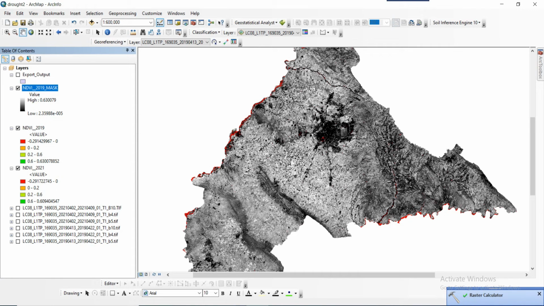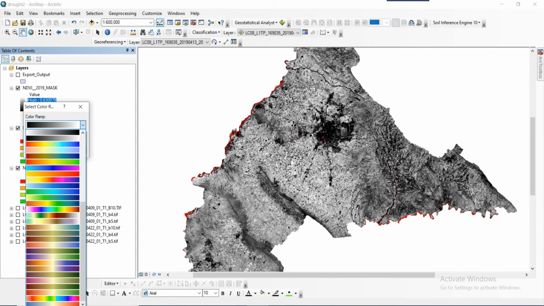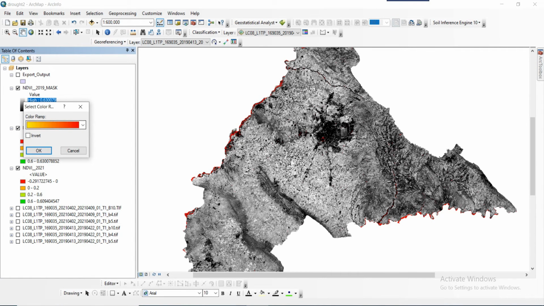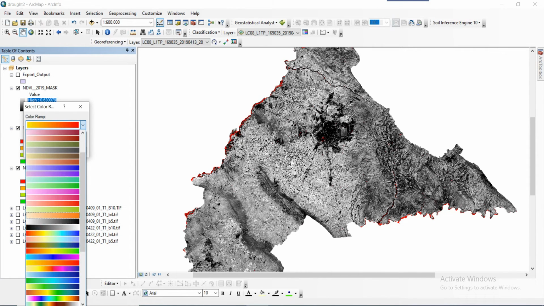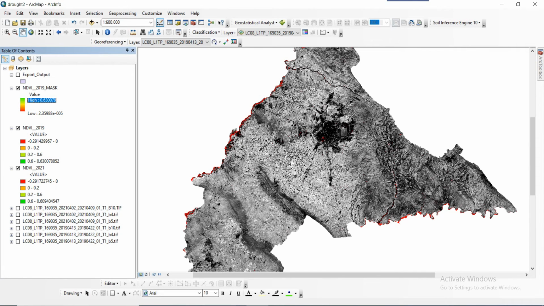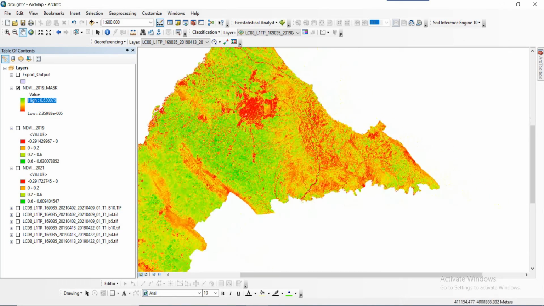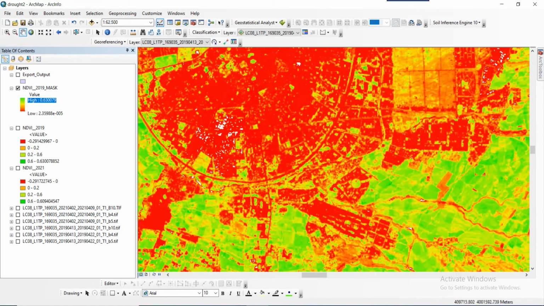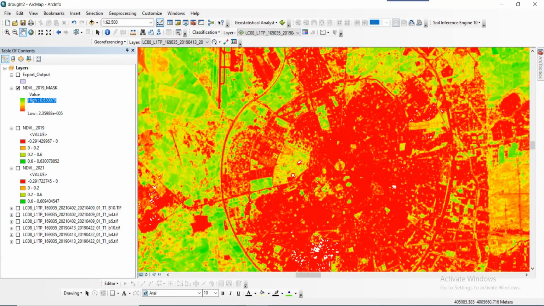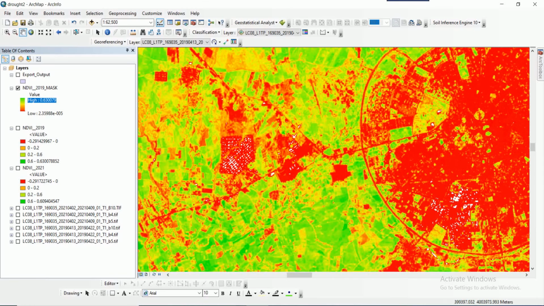As you notice, we don't have the negative values anymore; it started with the positive values only. If we turn these off, you notice that the areas with negative values, those pixels, were deleted.